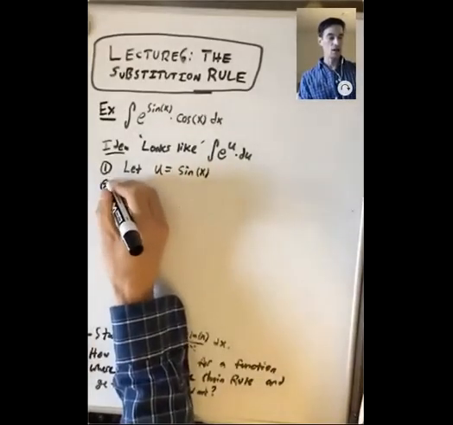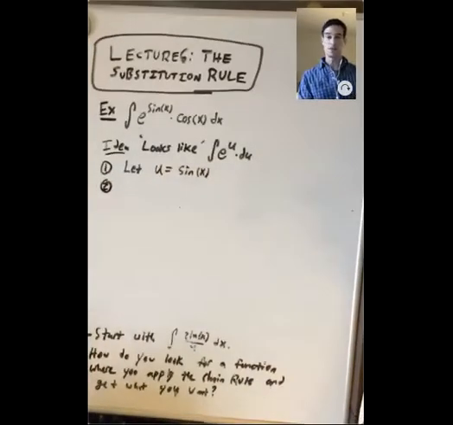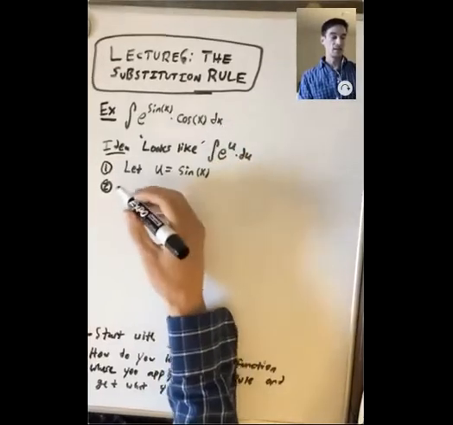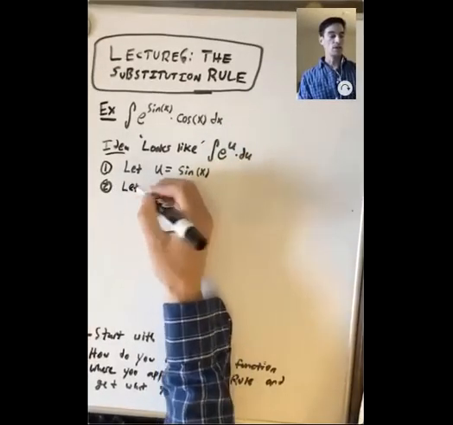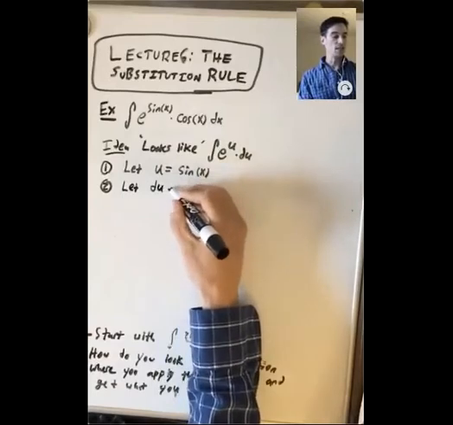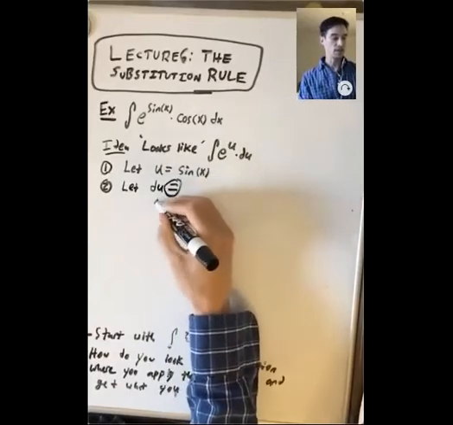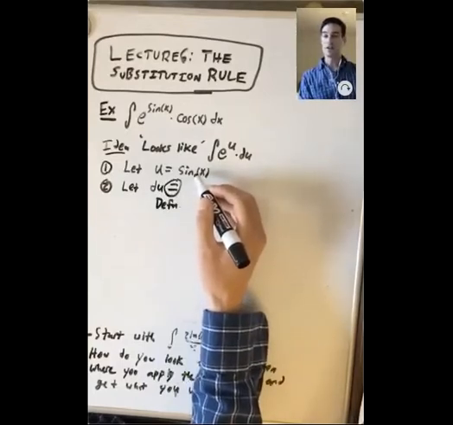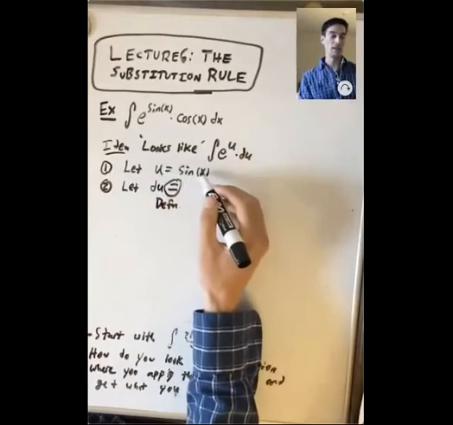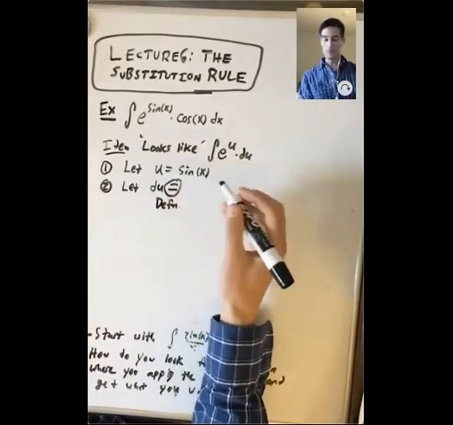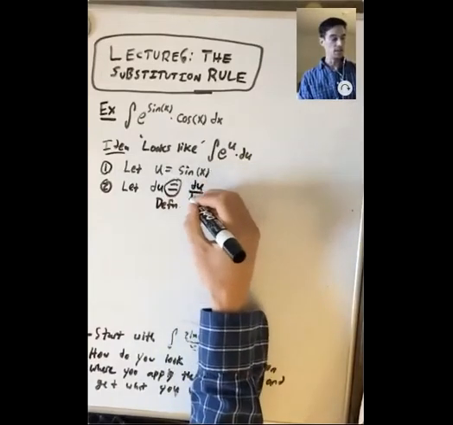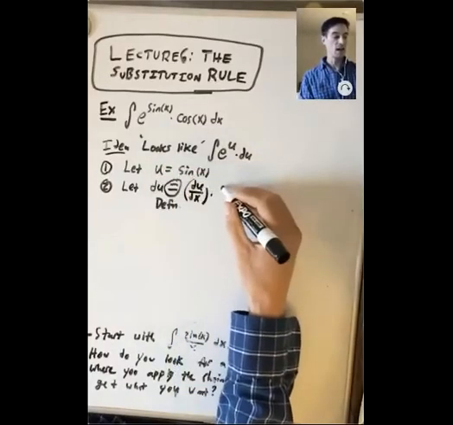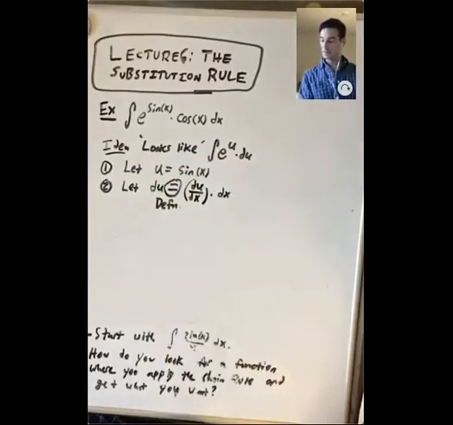This is the hardest part of understanding the beginning of the substitution rule. In the original integral, we have a dx. So what we're going to do is let du be defined. This is a definition. It's going to be the derivative of the function that we set u equal to, so it will be du dx, the derivative of u with respect to x, times dx.